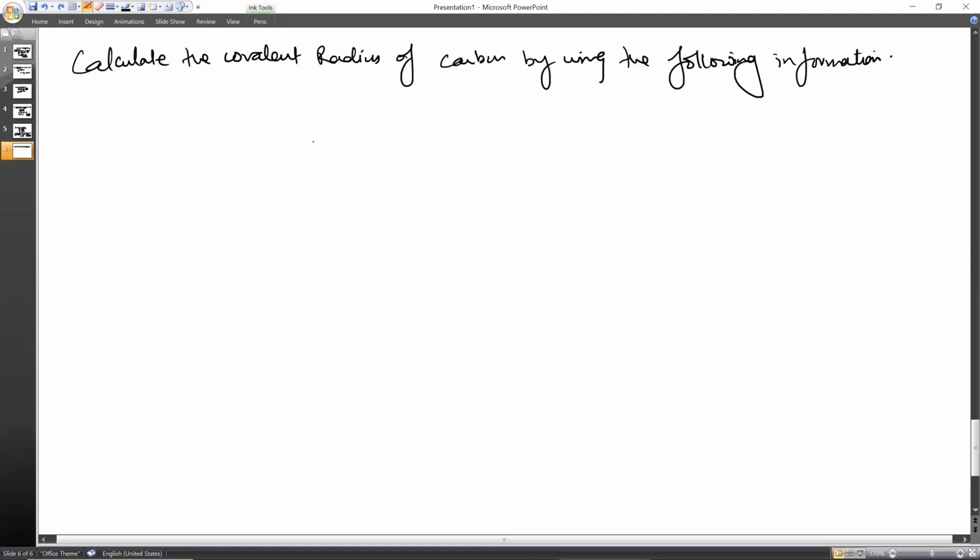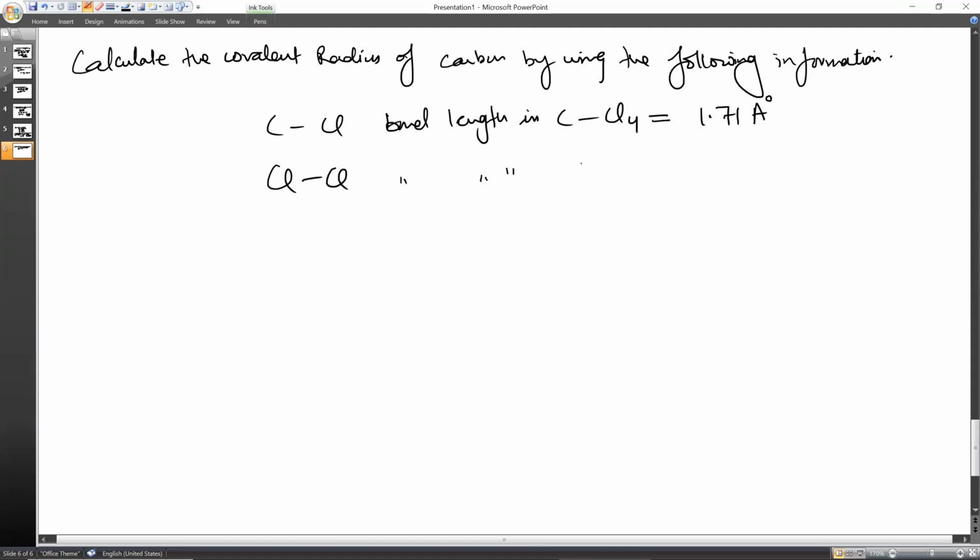The CCl bond length in CCl4 is equal to 1.71 angstrom. The second is the ClCl bond length in Cl2, which is 1.98 angstrom. Got it?